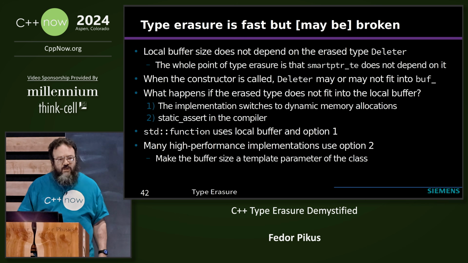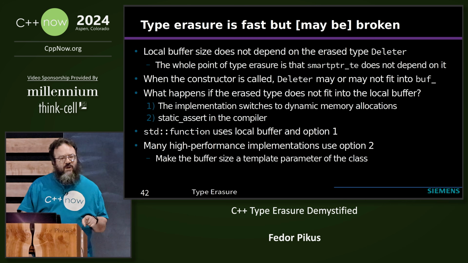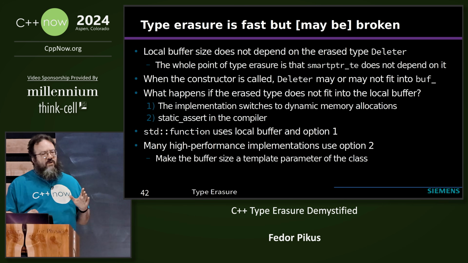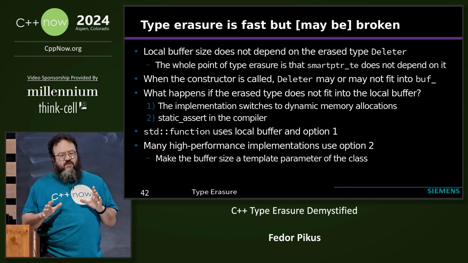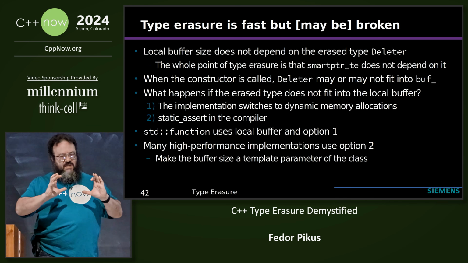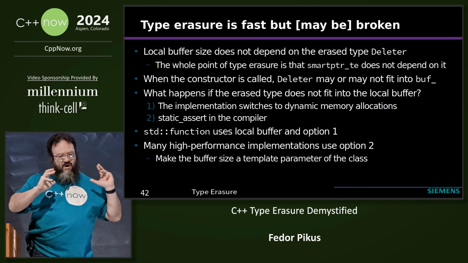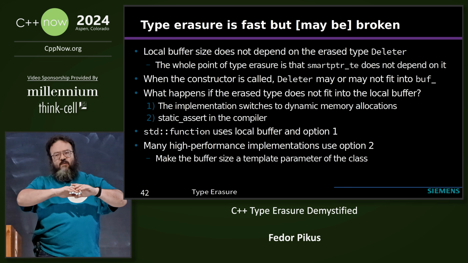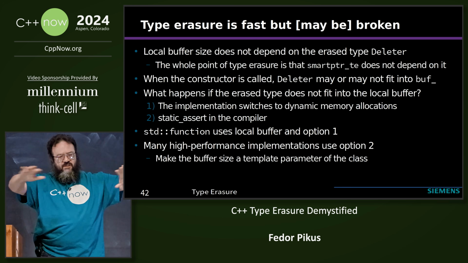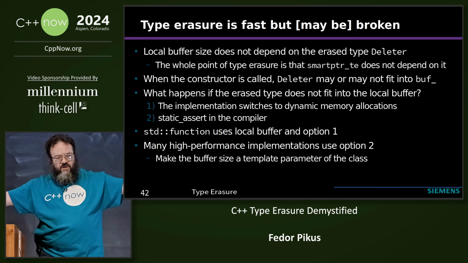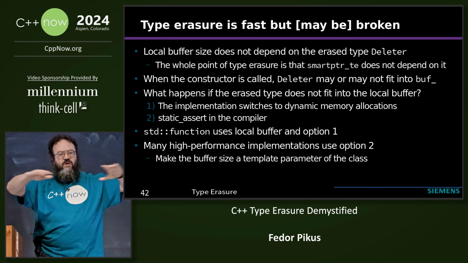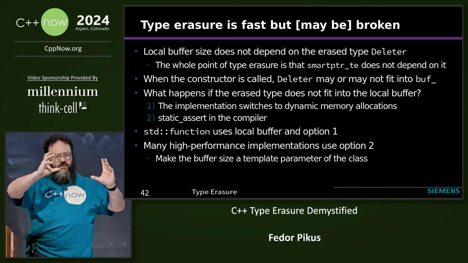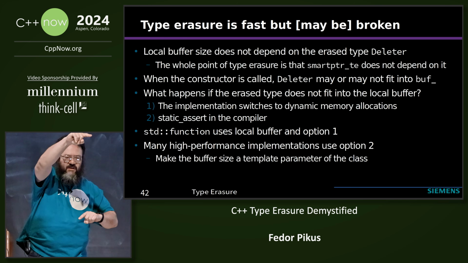Could you just figure out the buffer size and compile that? No, then you're not erasing. The only place where the deleter type is known is a constructor's template argument, not class template arguments. If there was a tool that basically does this global overview of all your compilation units and says the biggest deleter in your entire program is this, therefore I'm going to change the default size on your class template to that.